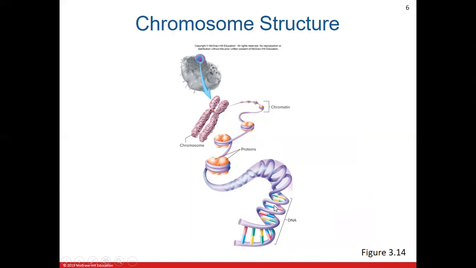Here's your DNA helix over here at the bottom. And that's a twisted ladder sequence of nucleotides, which we'll mention later. The nucleotides are twisted together here, coiled up, and then all of that's coiled around some proteins, and all of the proteins are coiled up into what's called chromatin, and that chromatin is coiled even tighter into what's called a chromosome.